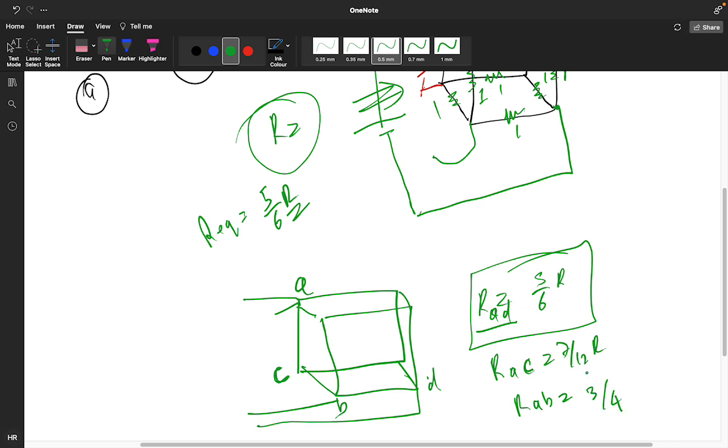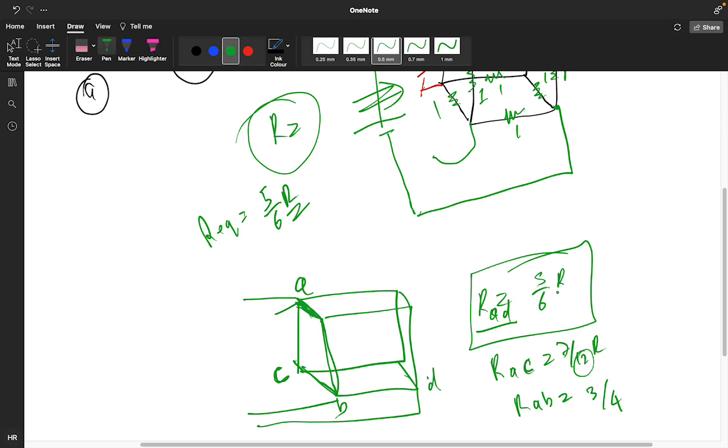So how will you remember? 4 3 are 12, so 12, and 3 plus 4 is 7, so 7. For AB, we write 3 by 4, so 3 plus 4 is 7 and 4 3 are 12.